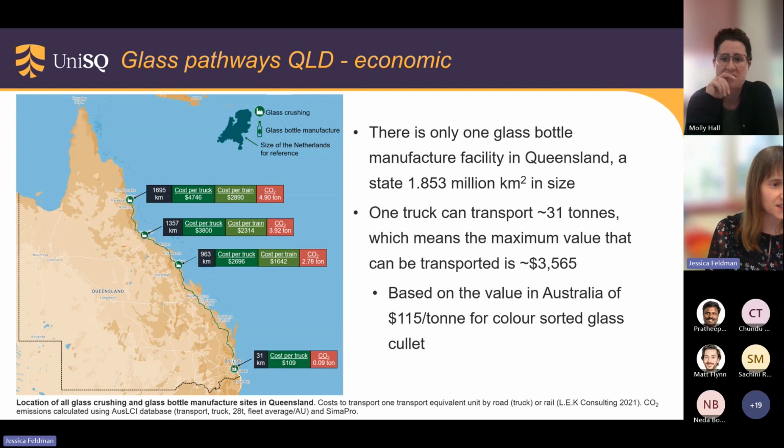So you can see, particularly from Townsville and Cairns, not even including the cost to sort and crush and process the glass, it's already not economical just based on the transport cost.